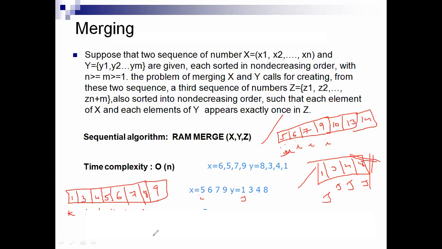So just see here, we have to divide the problem into two subproblems. Overall this is one problem, and I divided it into two subproblems.